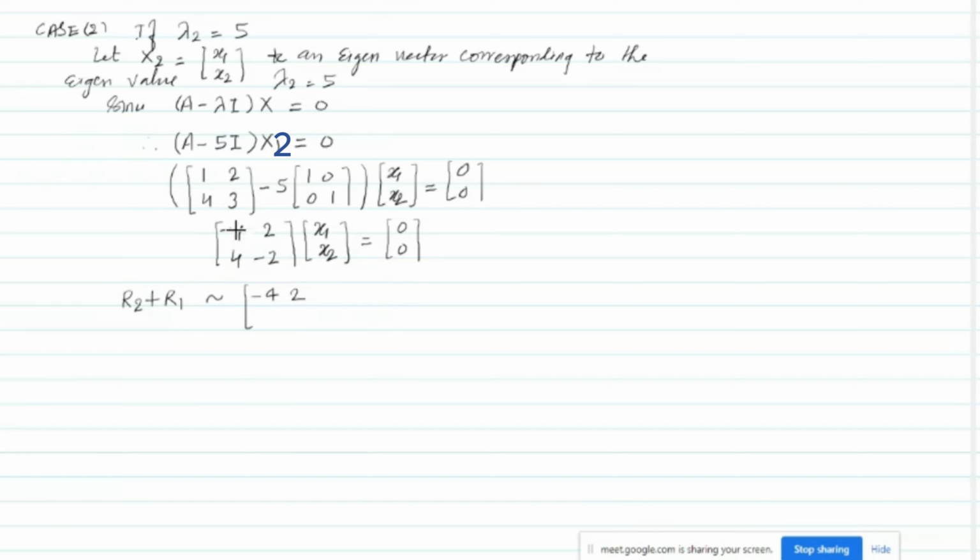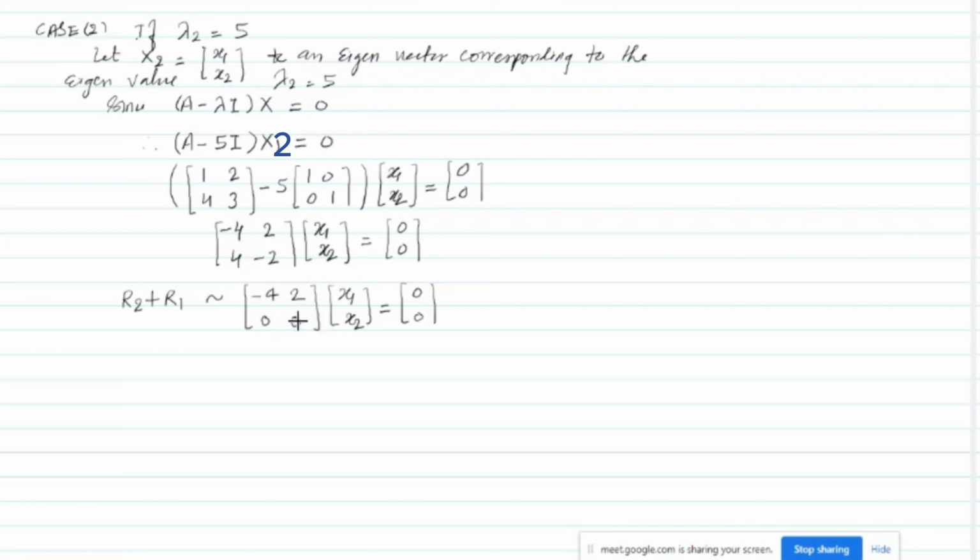So adding 4 minus 4, that is 0, and minus 2 and 2, that will be 0. So this into your column vector x1, x2, equal to 0, 0. Just multiply the first row to the first column. So you will have only one equation.